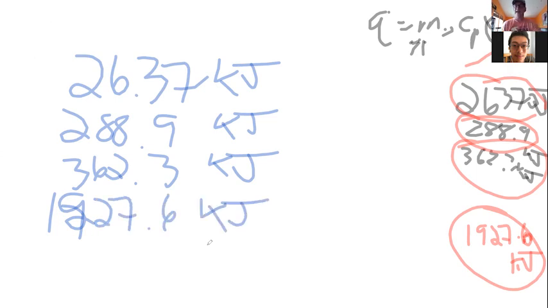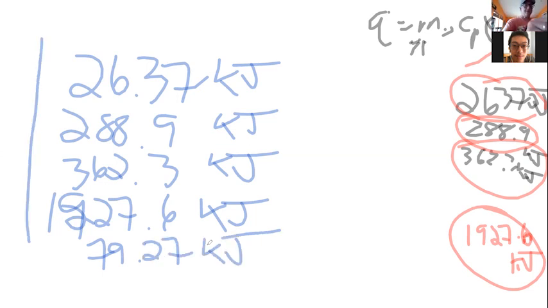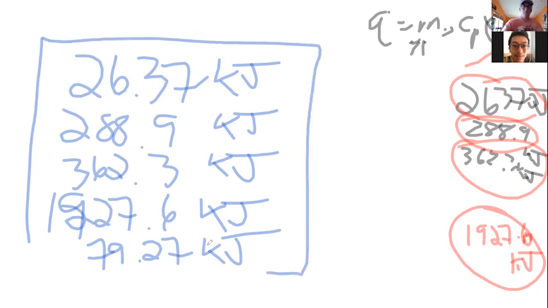And oh, unfortunately, I erased the last one. What was the number of kilojoules for heating up the steam? Oh, I got it right here: 79.27 kilojoules. And I just add all of those together, and that's your final answer.